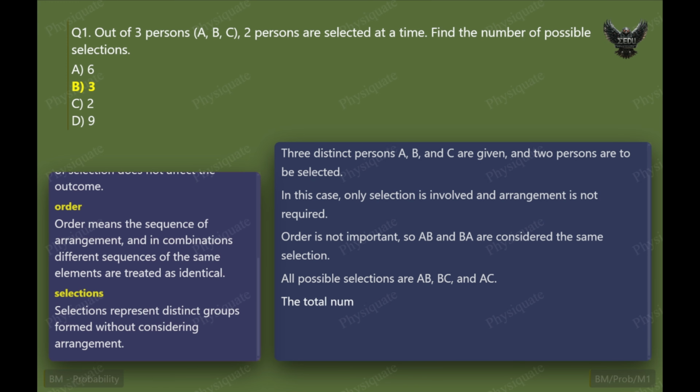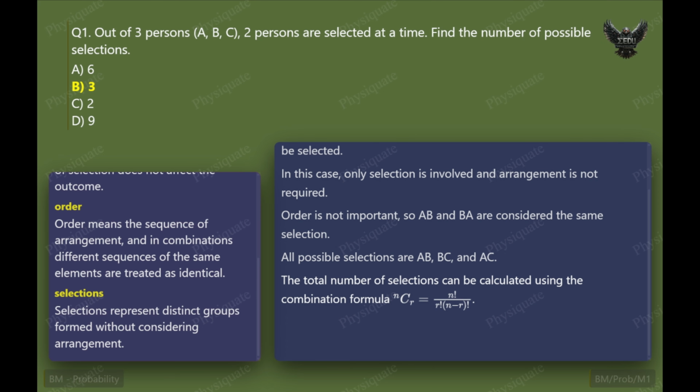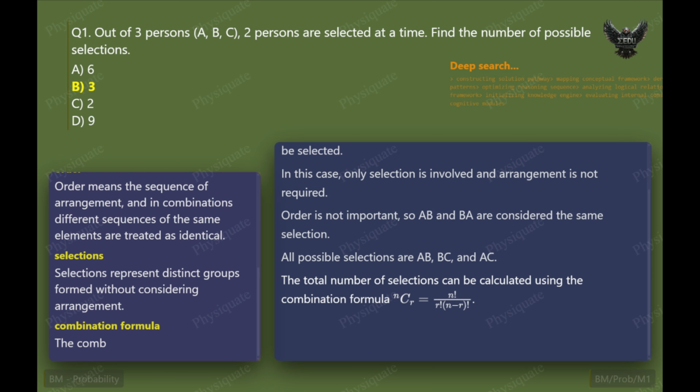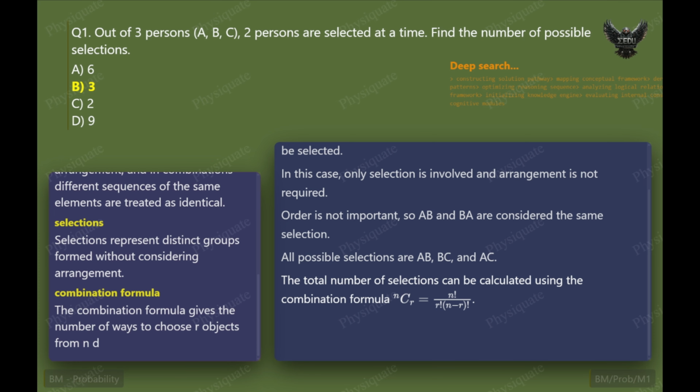The total number of selections can be calculated using the combination formula, nCr equals n factorial divided by r factorial times n minus r factorial. Consider the combination formula. The combination formula gives the number of ways to choose r objects from n distinct objects without considering order.